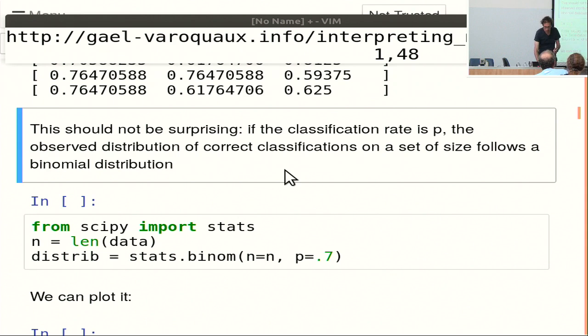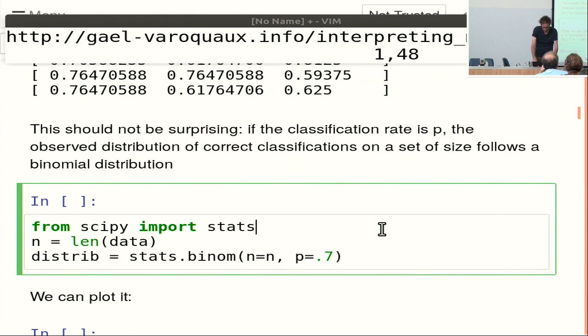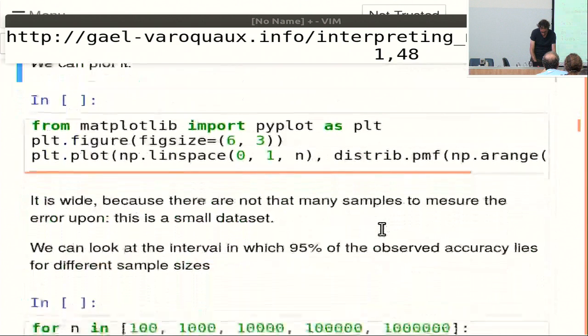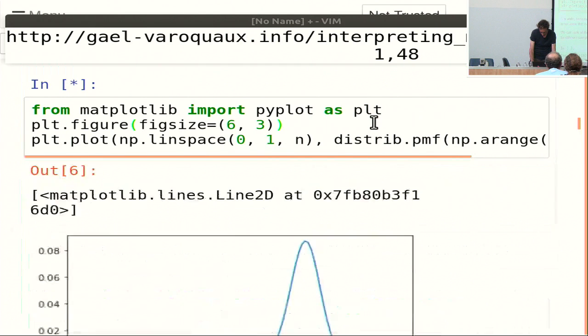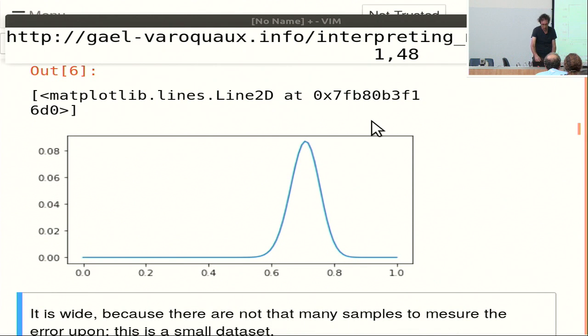So we can plot this. This is just probability. Here I've taken 0.75, and what's important is that this is the distribution of the average classification accuracy observed over my 100 data points. Okay? But the average, not the single, because the single is always 0 or 1.